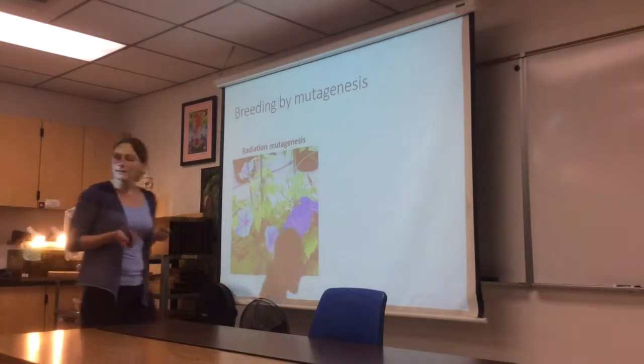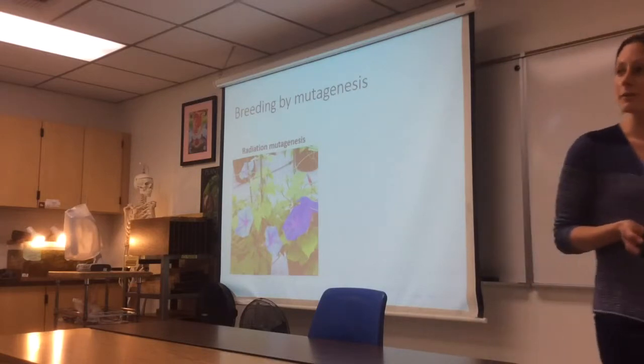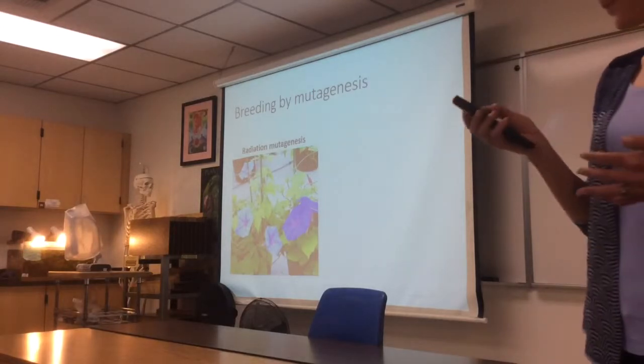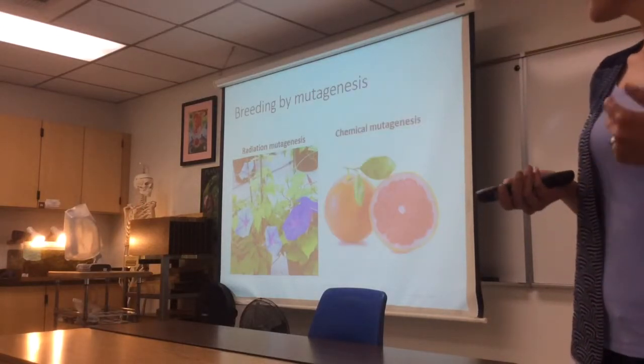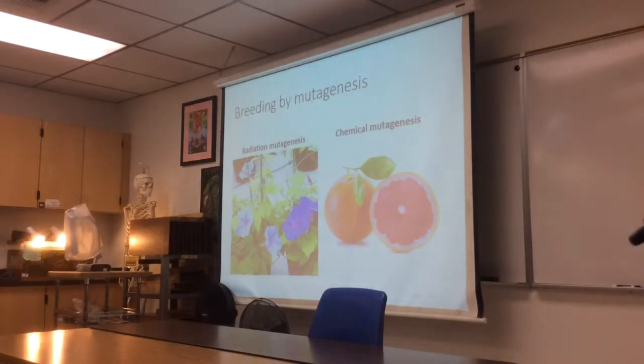This is an example of using radiation to make changes in the genome. And you can see that this radiation made some changes in the genome, and now we have these beautiful light blue flowers in addition to those purple ones. Also, you can use a chemical called EMS to introduce mutations in the genome, and that's where ruby red grapefruits that you've all seen and probably tasted come from, through random mutagenesis using chemicals.